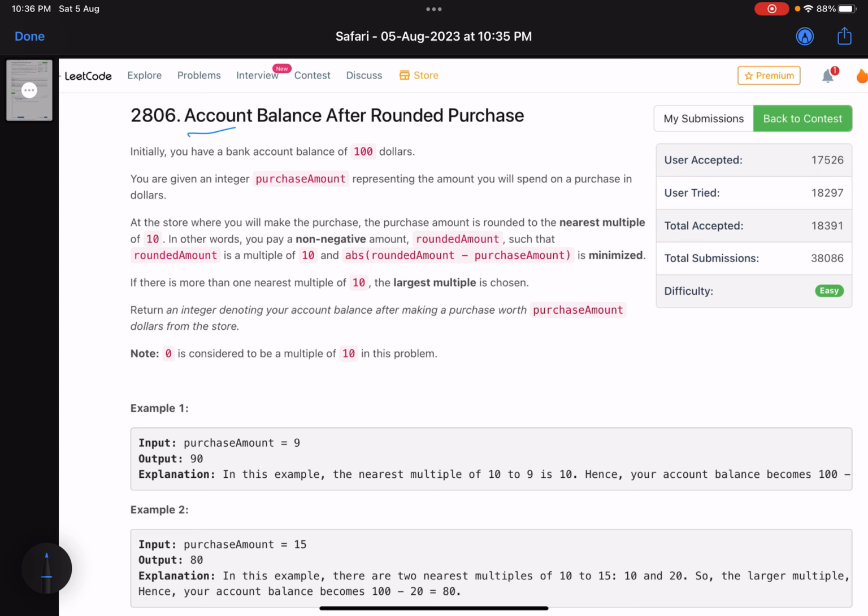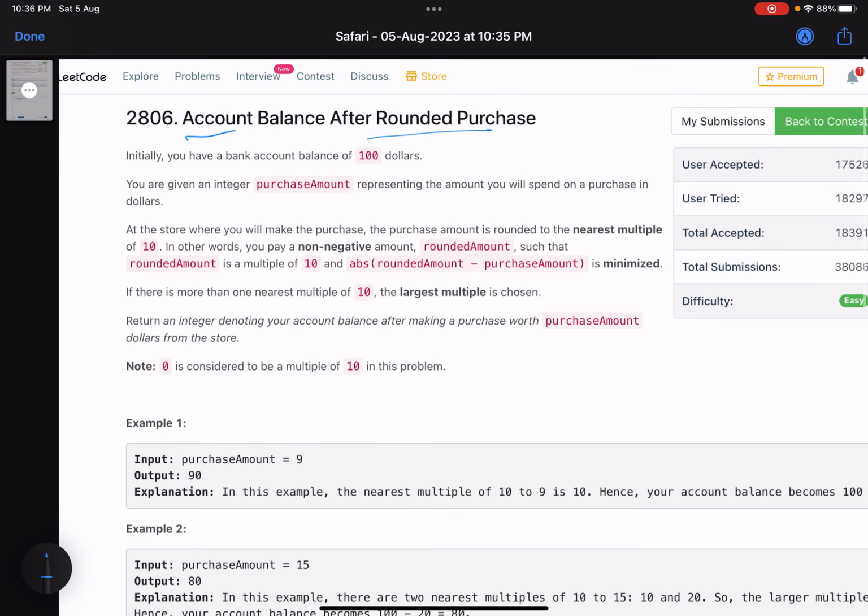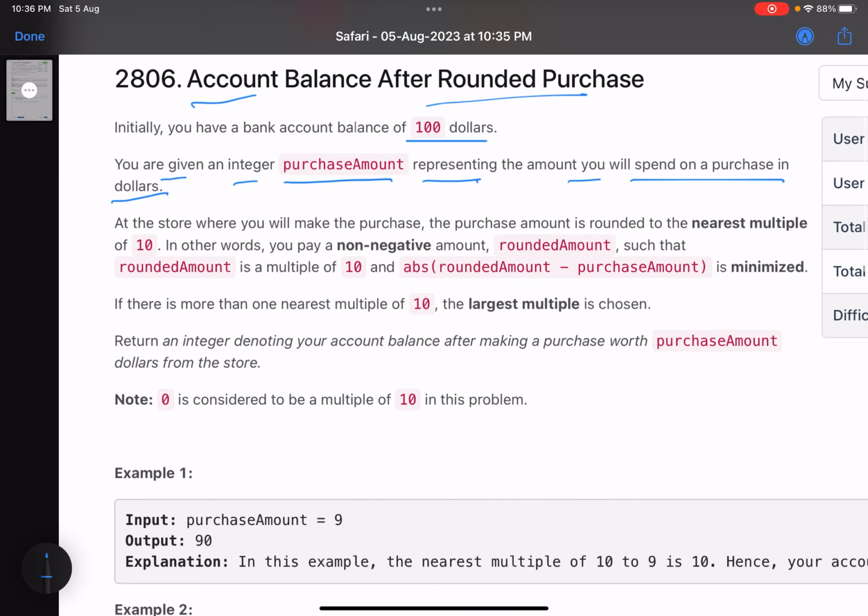So, account balance after rounded purchase. Initially you have a bank account balance of $100. You are given an integer purchase amount representing the amount you will spend on a purchase in dollars. At the store where you will make the purchase, the purchase amount is rounded to the nearest multiple of 10.